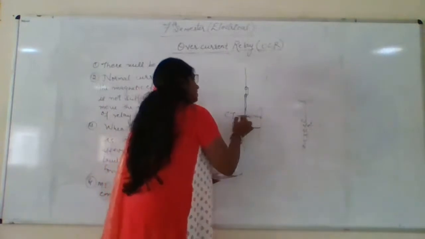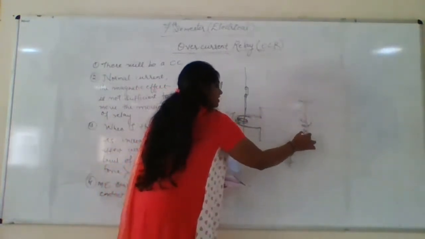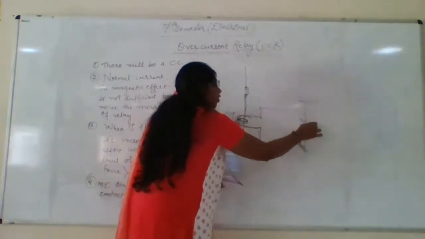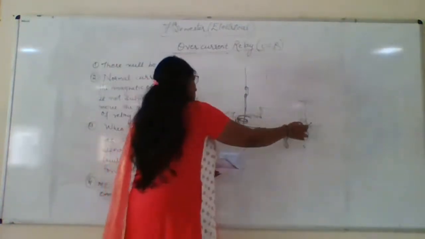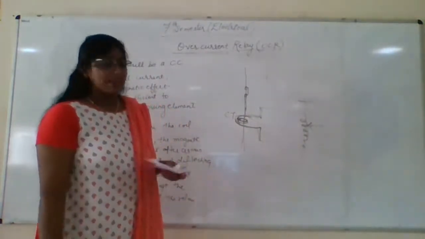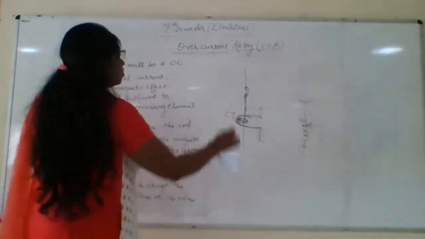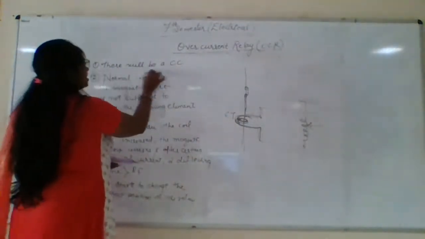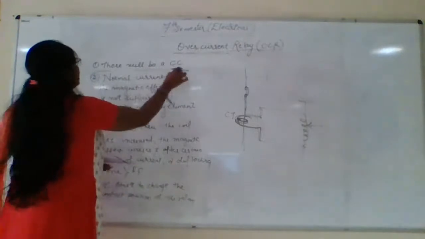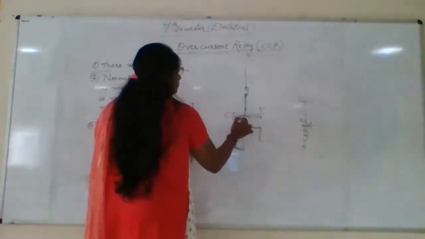So when this exceeds the predetermined or preset value, the relay coil is energized, which will guide the trip circuit to break the tripping element from the circuit. First of all, to understand working, we'll see that there will be a CC. CC is current coil. This is the current coil.